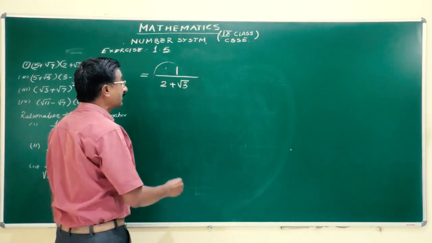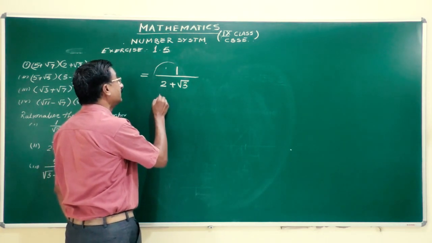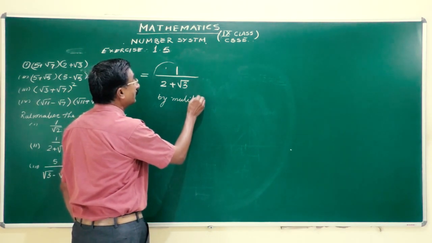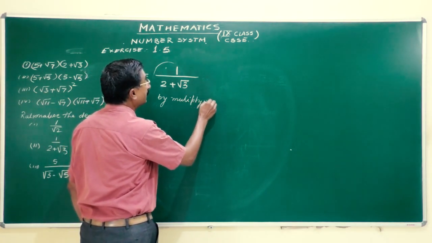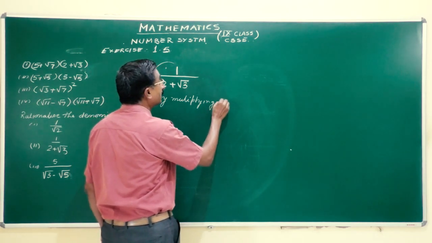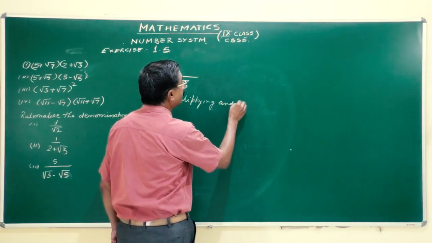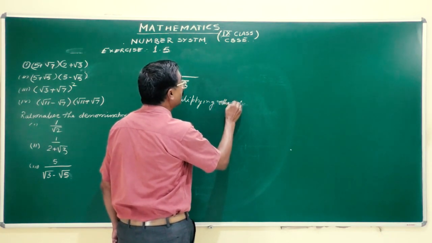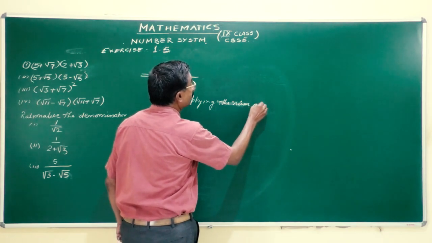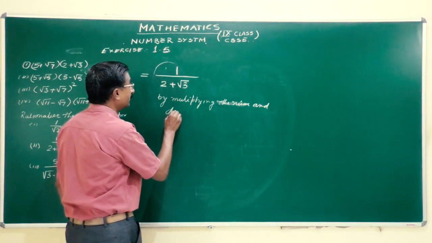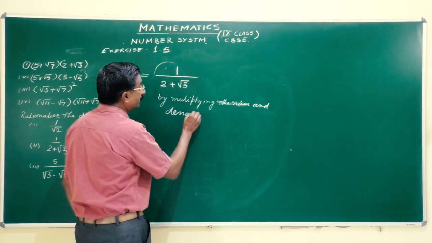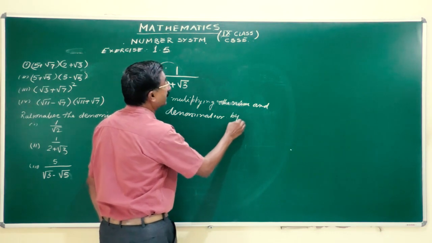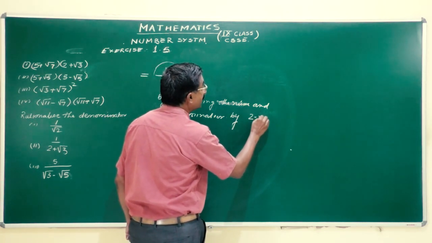Means we can rationalize this number by multiplying the numerator and denominator by 2 minus root 3.